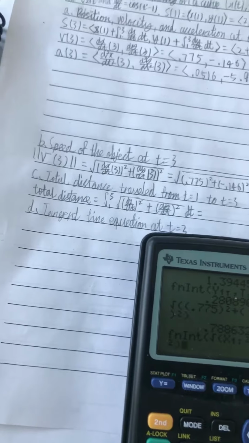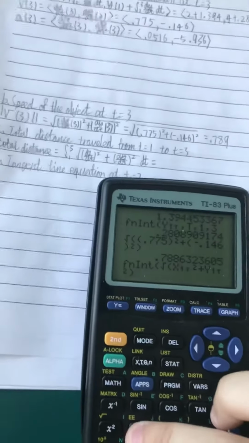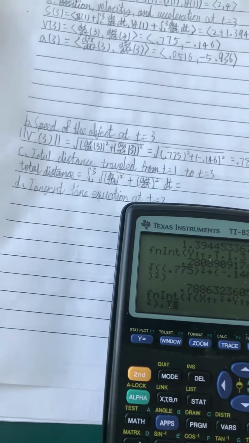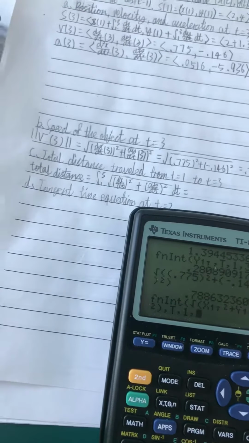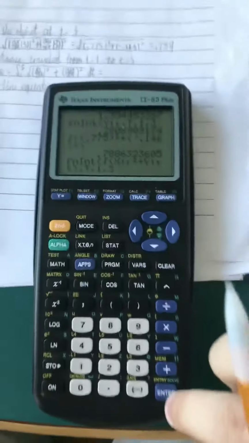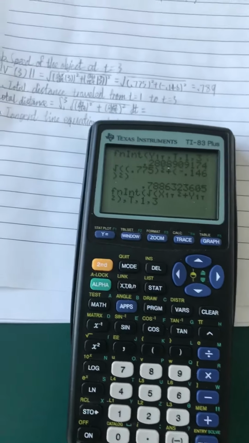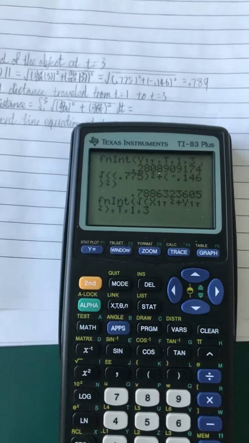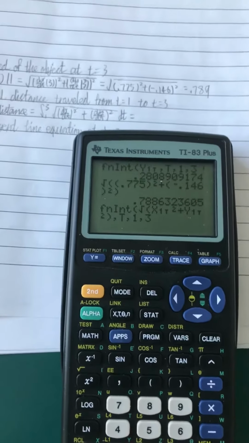And we close the parenthesis. If we don't close it, there's going to be a problem when we calculate. With respect to t from 1 to 3, and we enter. It's taking a minute, but it should give us the answer pretty soon.